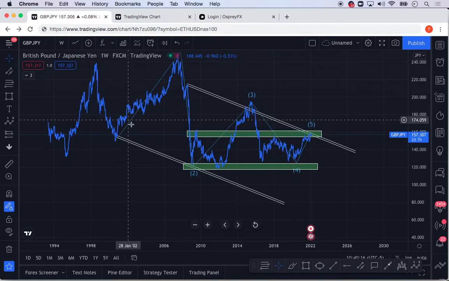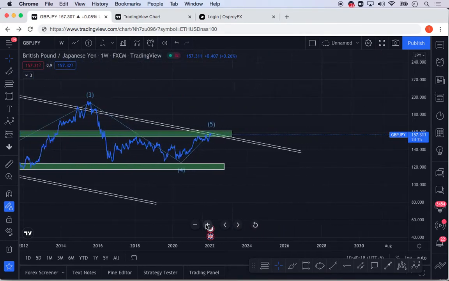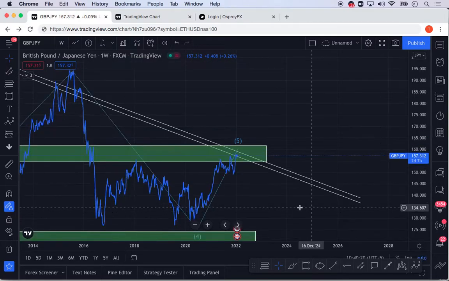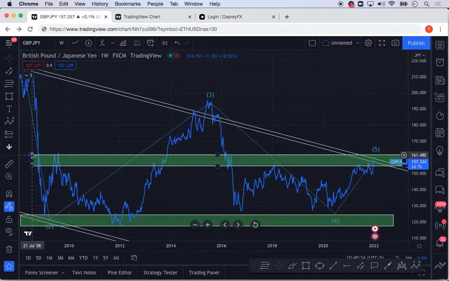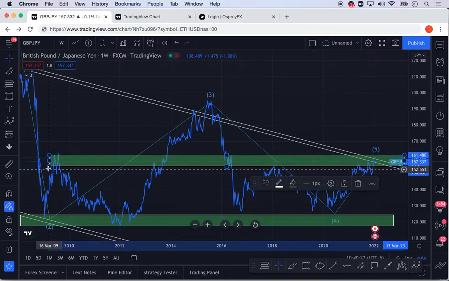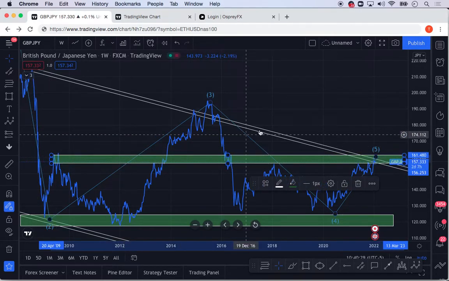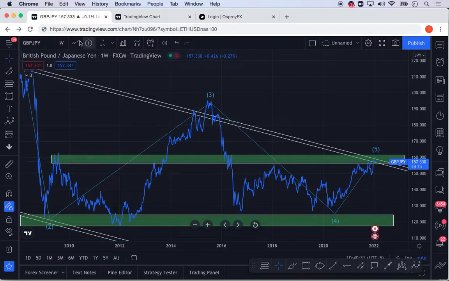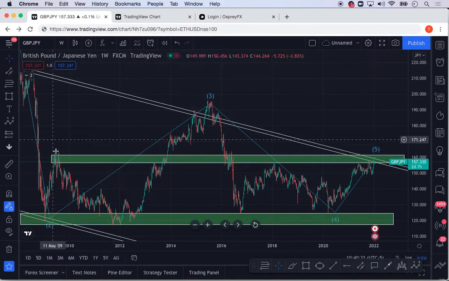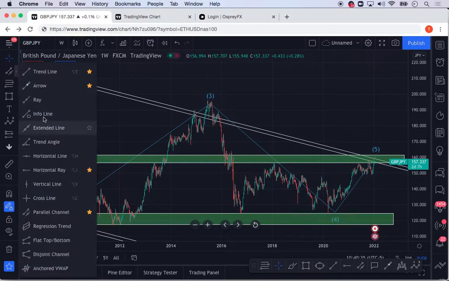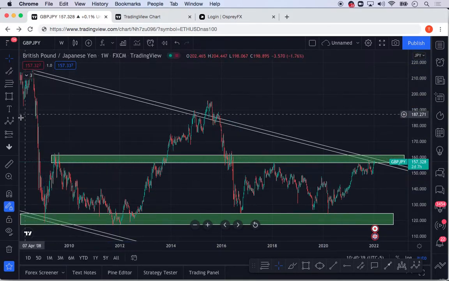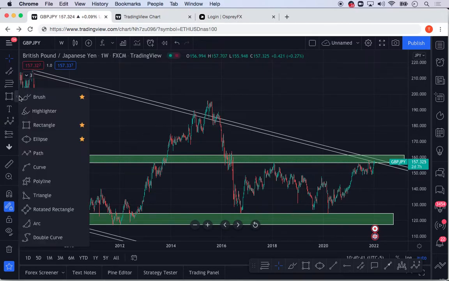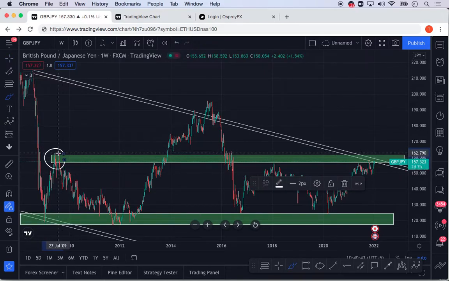Let me go to my line chart real quick. Let me zoom in. So I could literally see, let me make this a little bit smaller right here, candlesticks, how we have, this is resistance.